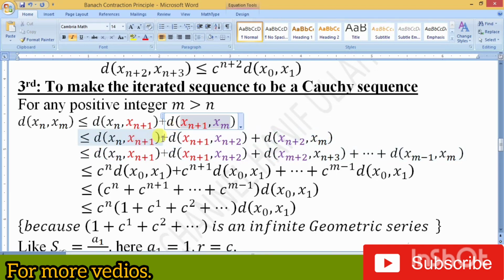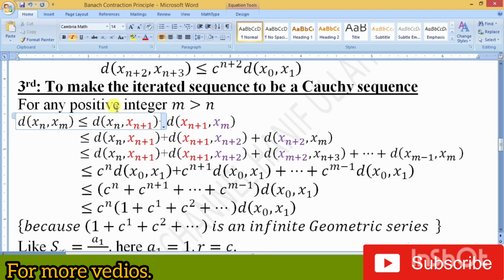We substitute the two triangular inequalities, apply it n times, write all the elements in a horizontal addition form, and substitute the following properties in place of the distance function of x(n+1).